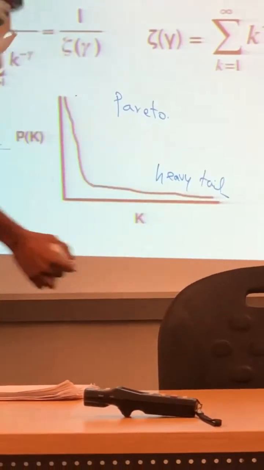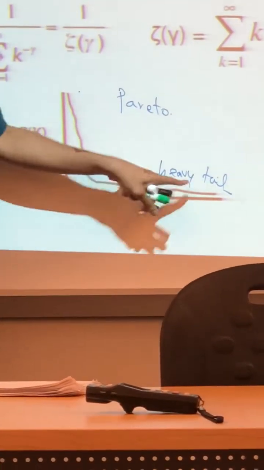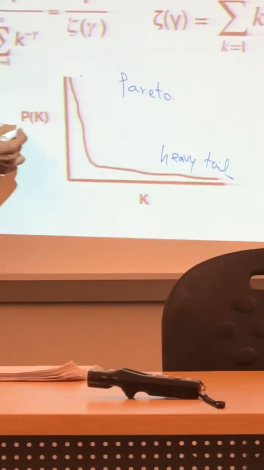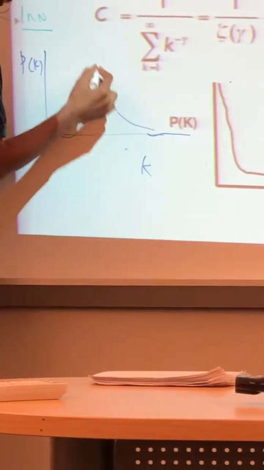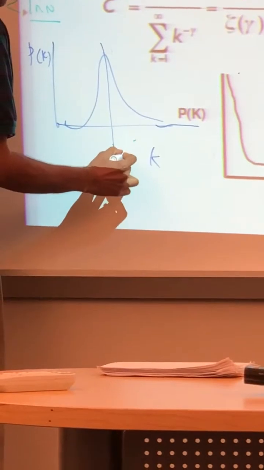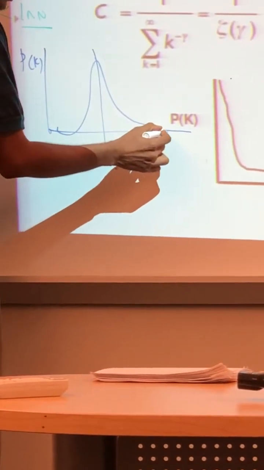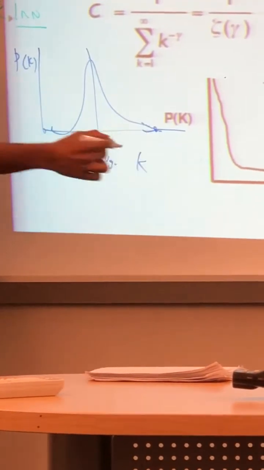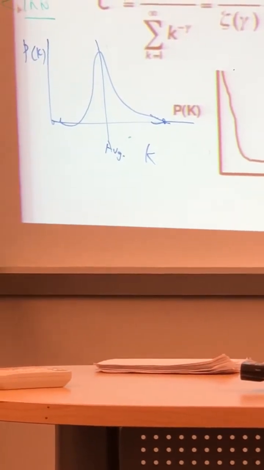So why is it called heavy tail? Because in a Poisson distribution, this is the average degree, and after a certain value of degree, the probability is very close to zero. The probability of finding a node with a certain degree is close to zero.